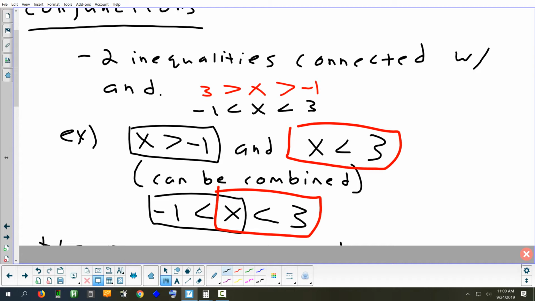That's fine too. I usually do it the way that's in black. So I put the smaller number on the left, the bigger number on the right, and both of them point towards the smaller number. Actually, no matter which way you do it, they always point towards the smaller number. Okay. But I just usually do smaller number on the left. So any question about that idea?